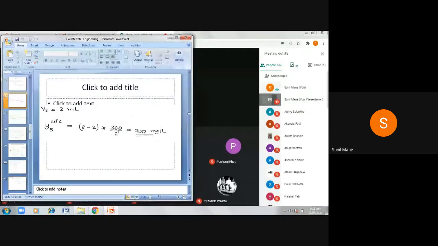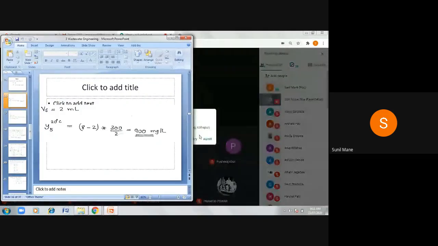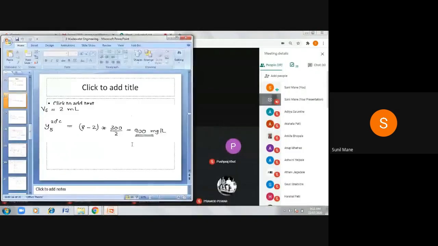So this dilution factor has been carried out, and based on it, we have gone for this answer. If the dilution factor is not there, so the sewage is not that strong, then direct 8 minus 2, we would get that answer as 6 milligram per liter. That is the strength, that is the demand.